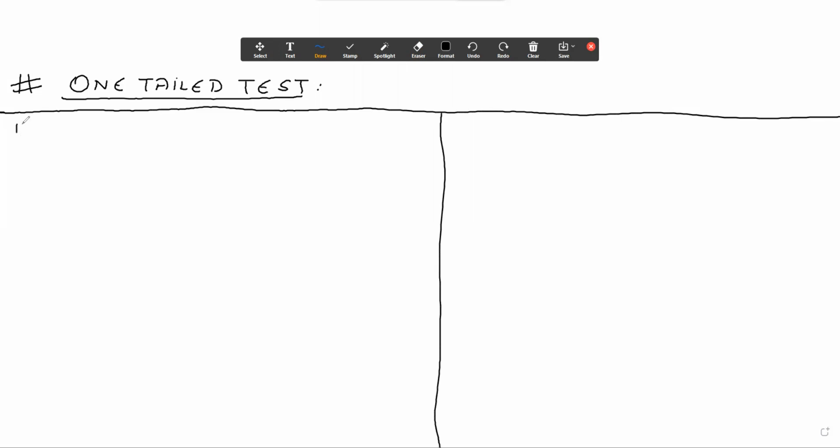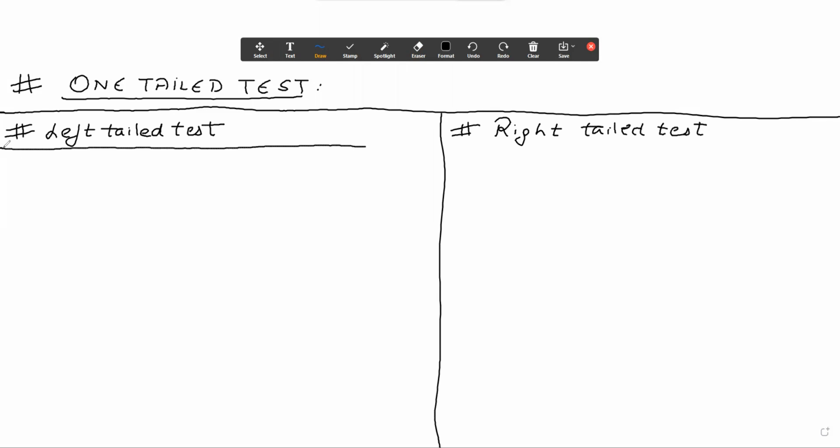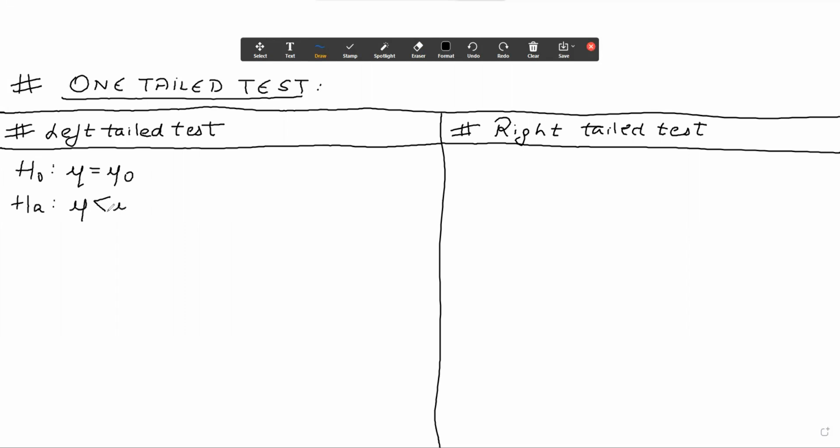One is called the left-tailed test and one is called the right-tailed test. So left-tailed and right-tailed. Okay, so let's quickly look at it. In left-tailed test, my null hypothesis is mu equal to mu 0. But guys, my alternate hypothesis will become mu less than mu 0.